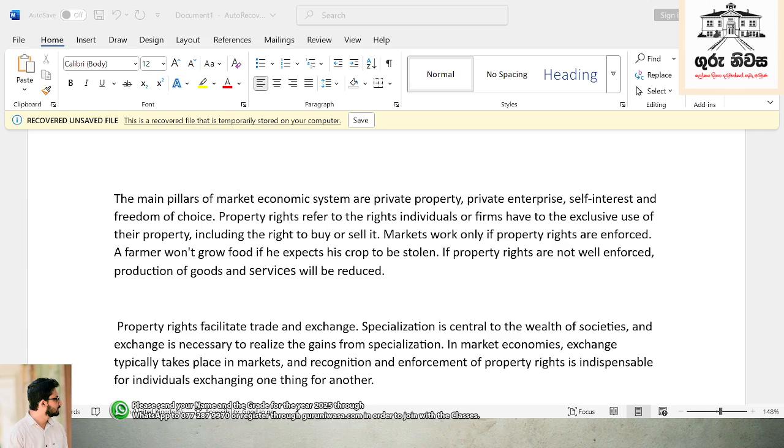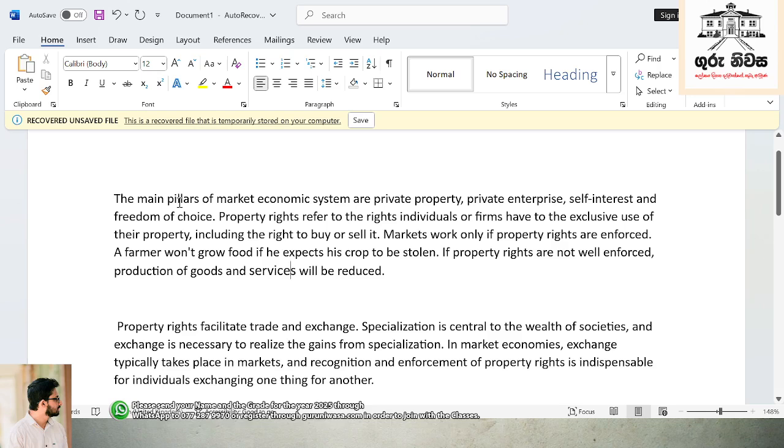Why is property and protection of property rights so critical to the success of the market economic system? This answer: the main pillars of market economic systems are private property, private enterprise, self-interest, and freedom of choice.